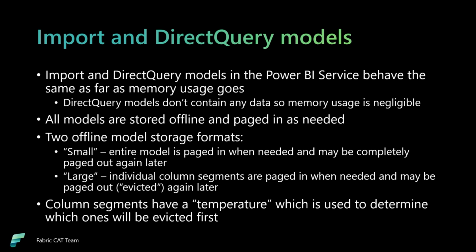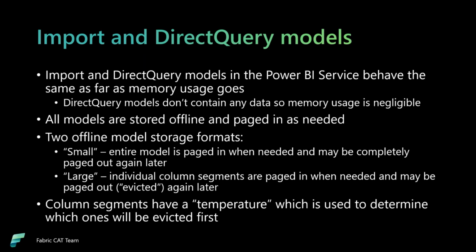And indeed, there are probably some advantages to using the large model format, even for slightly smaller models. The difference is the small models are stored in an ABF file, the backup file that the Analysis Services Vertipaq engine uses. And when you query a small model, the whole thing gets rehydrated and put into memory before it can be queried. Doesn't matter because it's a small model, so that'll be nice and fast.